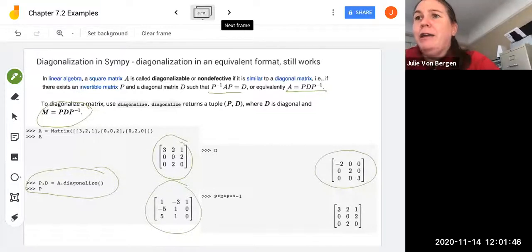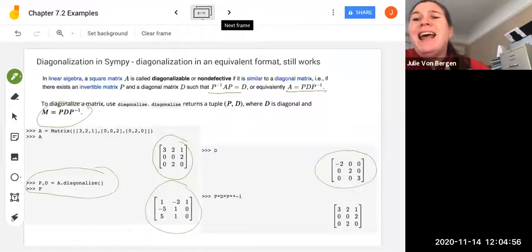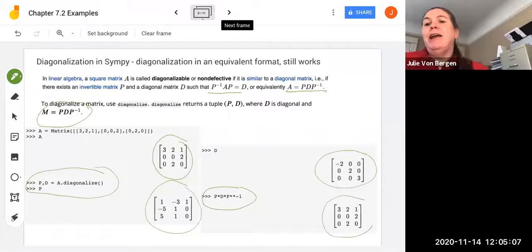Note that the matrix D that Sympy gives us has the same eigenvalues, but in a different order. That's okay, because if we verify P times D times P inverse here in Sympy, we still get out our original matrix A. So if you want to do diagonalization in Sympy, that's fine.